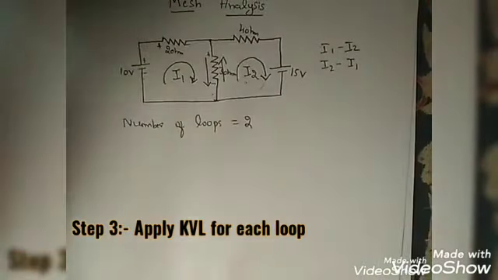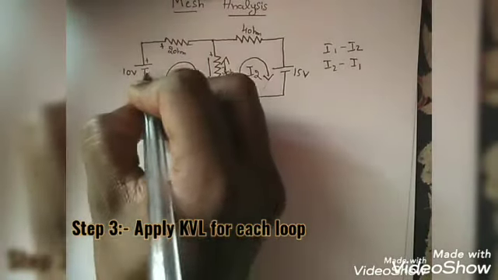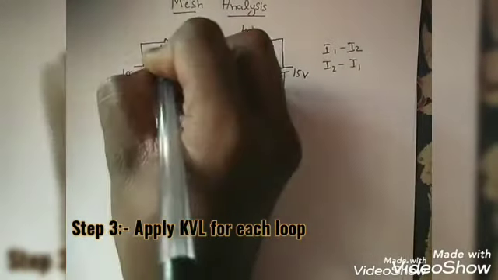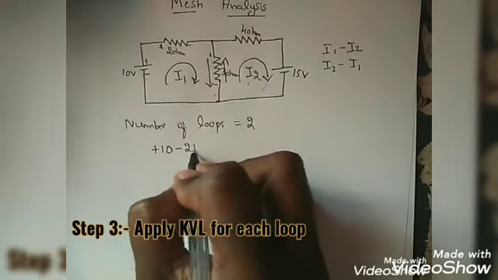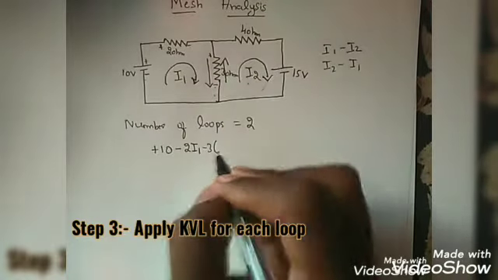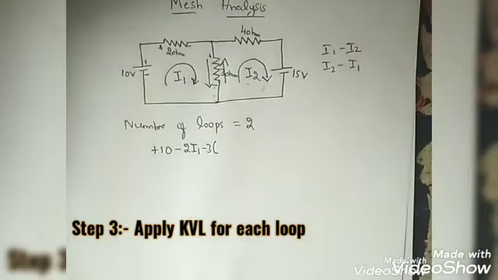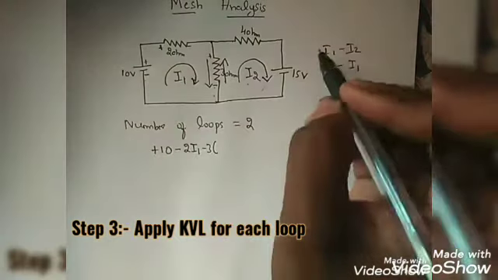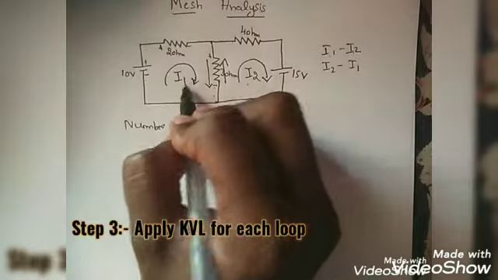Now we'll apply KVL for the first loop, that is minus to plus 10 plus to minus 2 I1 minus 3. Since we are applying it for loop 1 and we have assigned the current as I1, we will take the net current as I1 minus I2, considering that I1 is greater than I2.